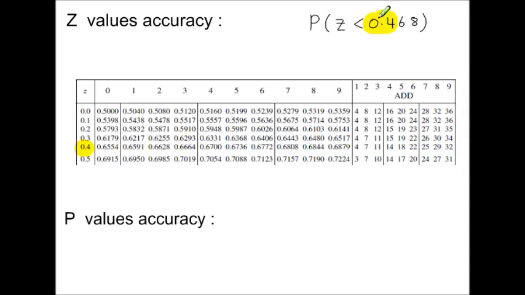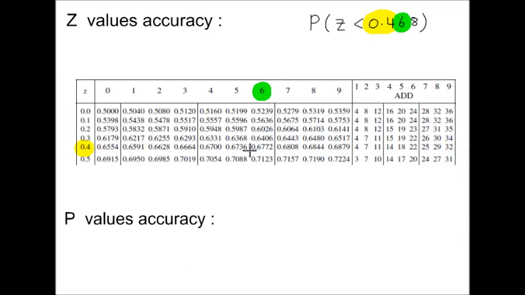So that's the first decimal place here. The second decimal place is 6, and that's here.